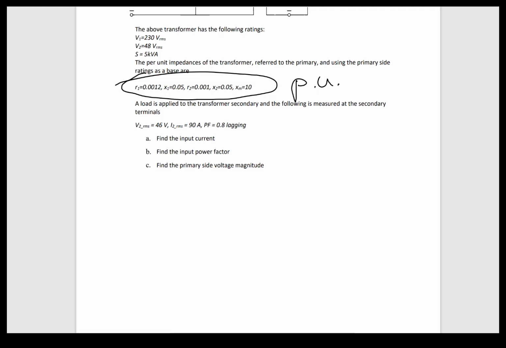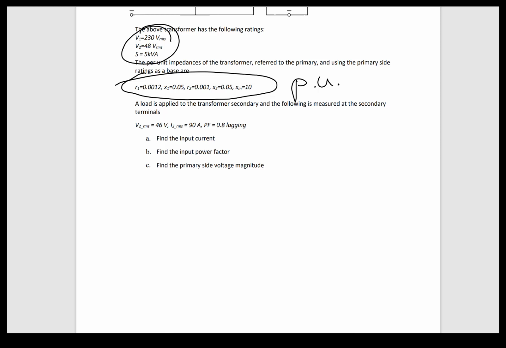And that's a bit understandable because I think some people think, oh, well, this per unit is not the main thing. But it is a very, very important piece of this class. So I took 10 points off for not doing this. So the process is, if you're given the ratings and you're given per unit values, the first thing you need to do is find the ohmic values.